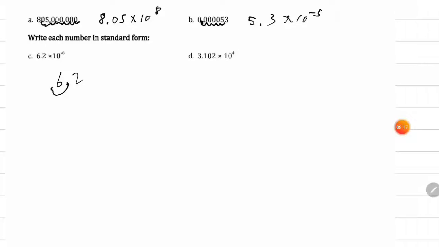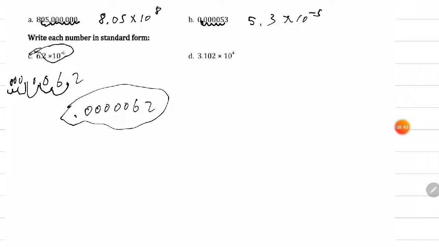So 1, 2, add a 0 here, 3, 4, 5, 6. So this is 1, 2, 3, 4, 5, 6, 2. So this number here and that number here are the same thing.